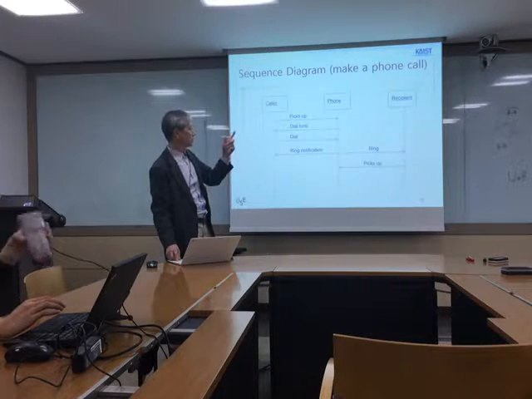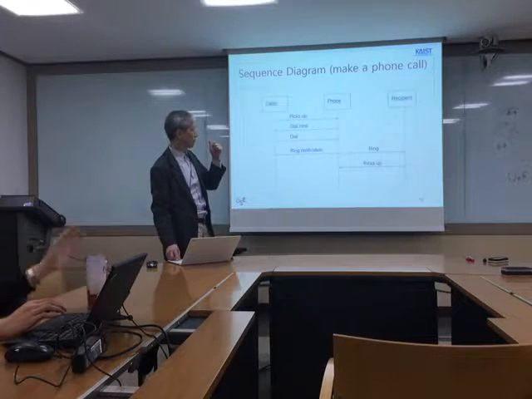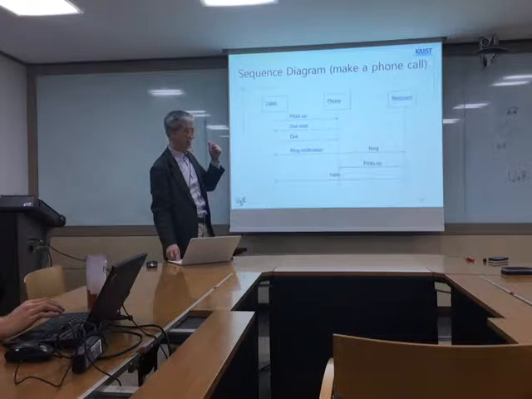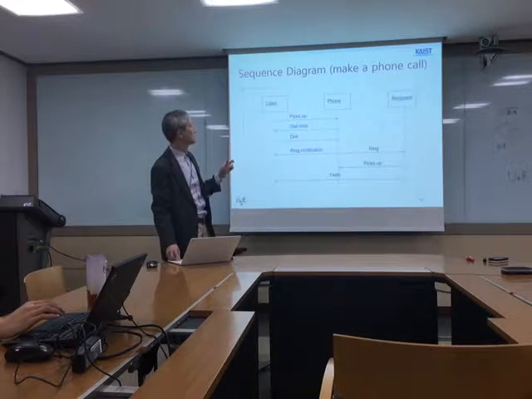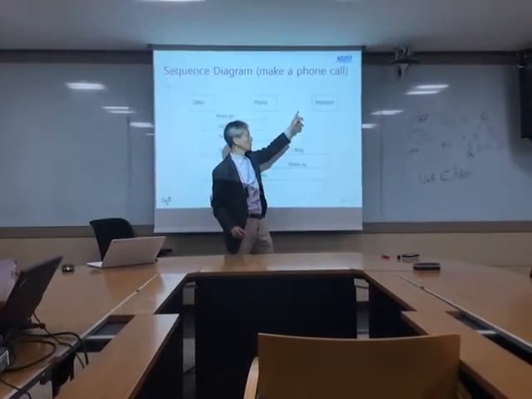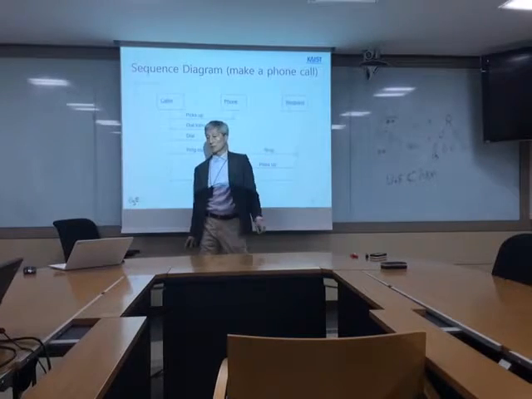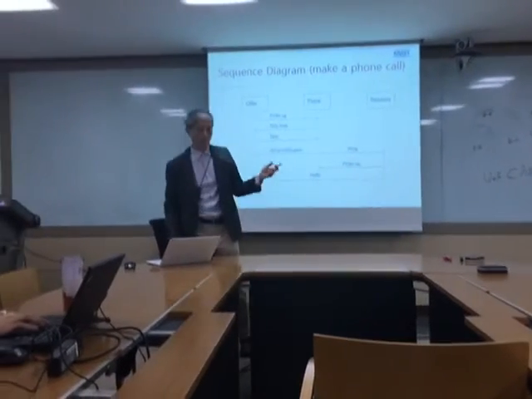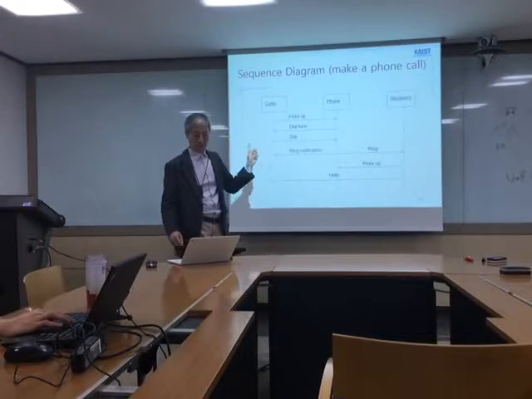And then the recipient picks up his phone, and then communication can start. This is a very simple example of a sequence diagram between classes. This is an object. Between classes, there are activities and sequences there.